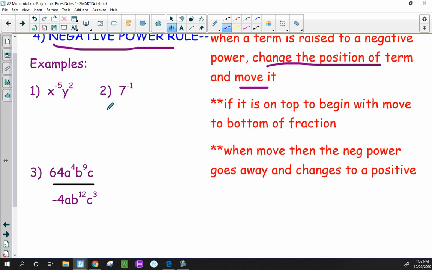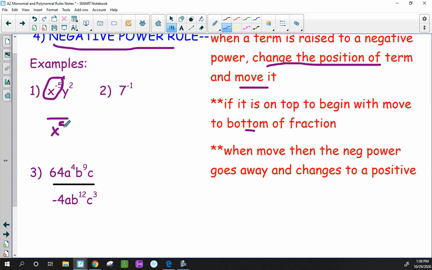Okay, take a look at number 1. I have x to the negative 5 times y to the second. And so this one is obviously negative. 2 is not. So what I'm going to have to do is create a fraction so I actually can move it to the bottom. I'm going to take this part of the term, because that's a single monomial, but I'm going to take that to the bottom of the fraction bar or division bar, whichever way you want to say it.